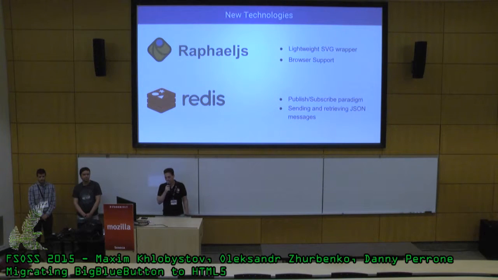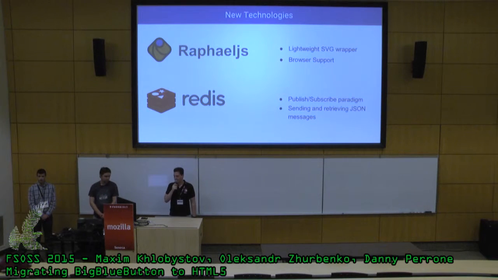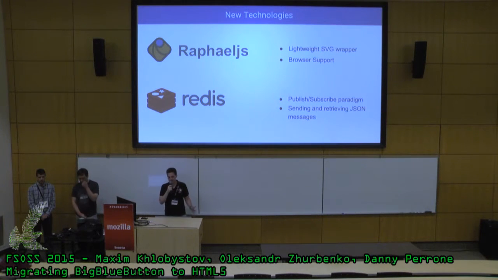At some point, we had to start communicating with the rest of BigBlueButton, with the other components and clients. And we already had Redis in our project, and we found that it implements a standard publish-subscribe paradigm. It means that there are channels, and clients can subscribe and publish to those channels without knowing who received their message.